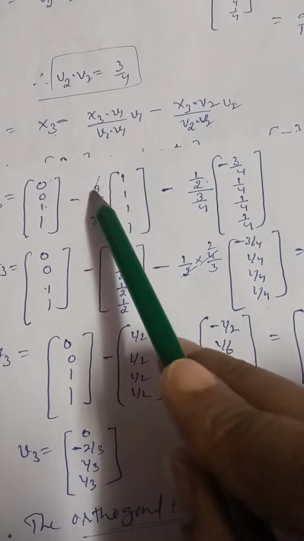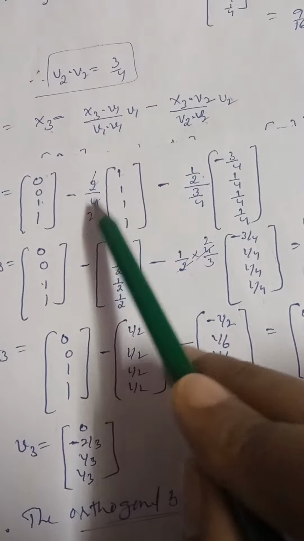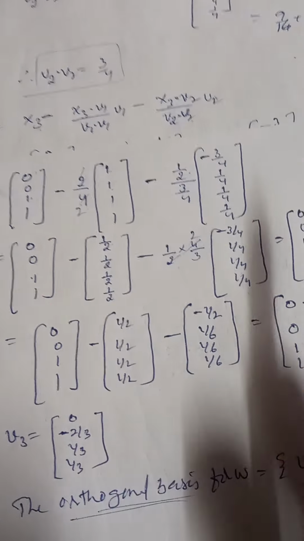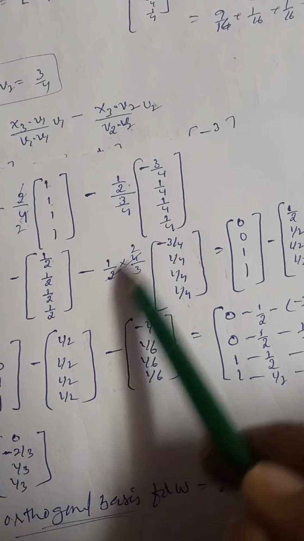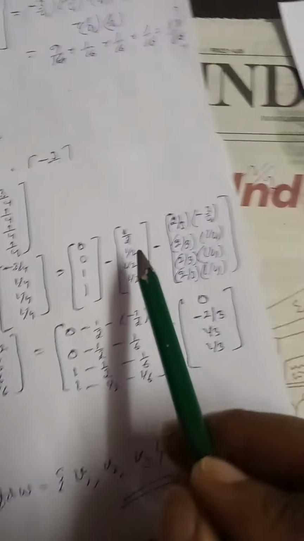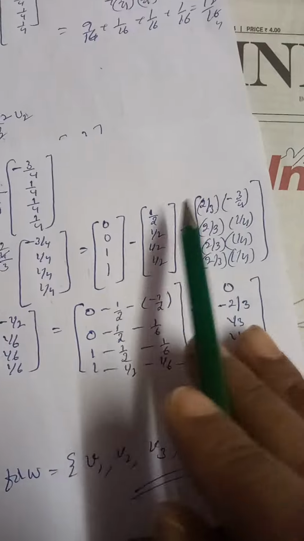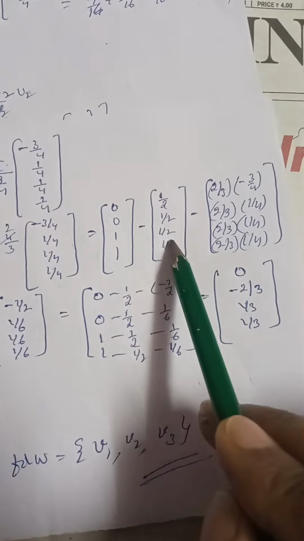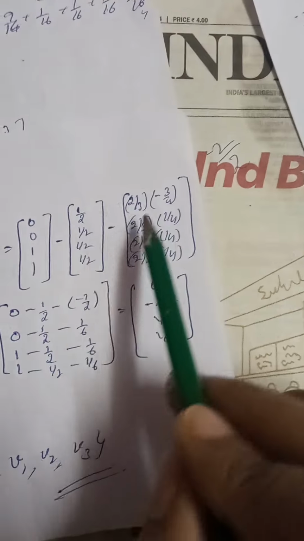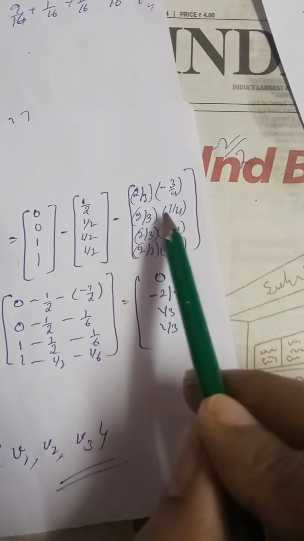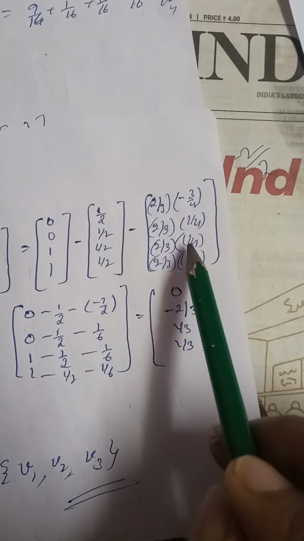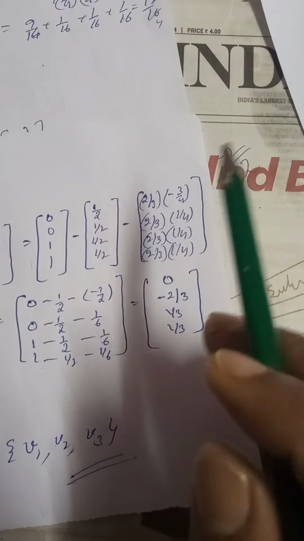Now multiplying inside, 1 by 2 into 1 is 1 by 2, 1 by 2, 1 by 2, 1 by 2. Now simplifying this one, 1 by 2 into the reverse, 4 by 3, is 2 by 3, right? Now multiplying 2 by 3 inside: 0 0 1 1, this is the second matrix, minus the third one, 2 by 3 into minus 3 by 4, 2 by 3 into 1 by 4, 2 by 3 into 1 by 4, 2 by 3 into 1 by 4.